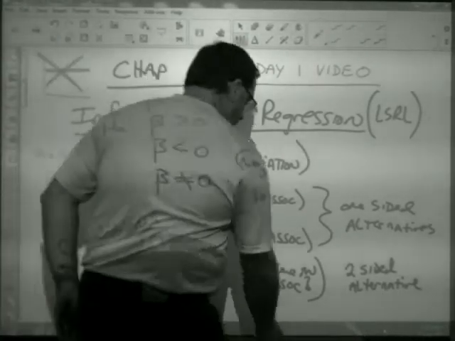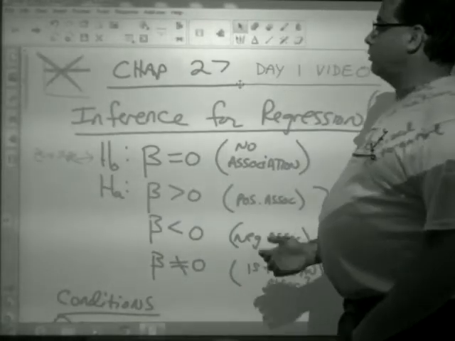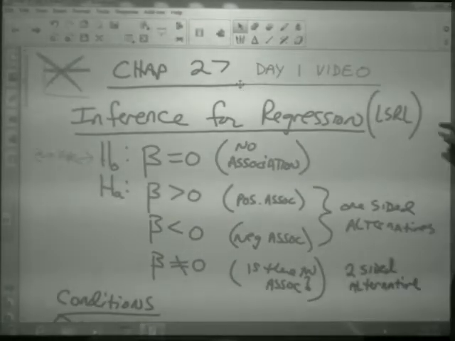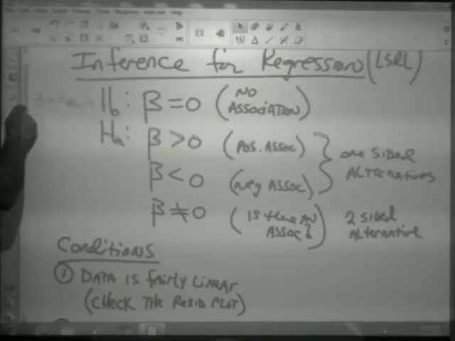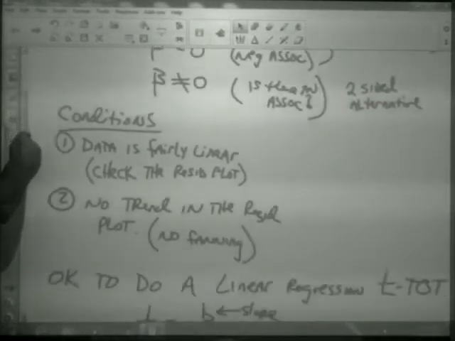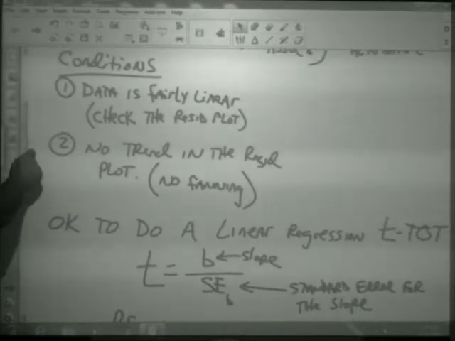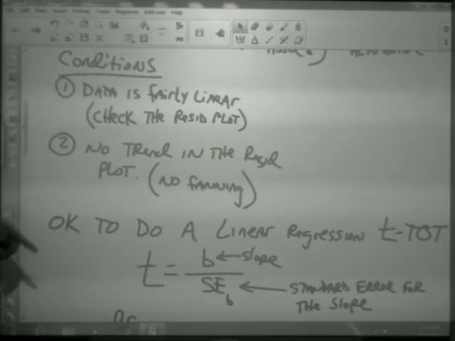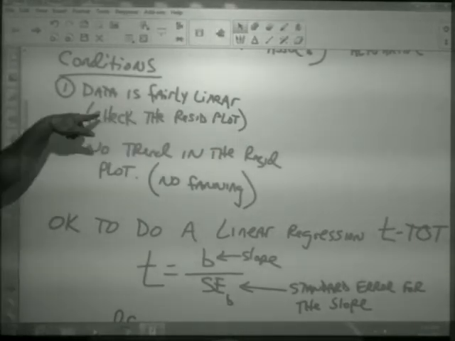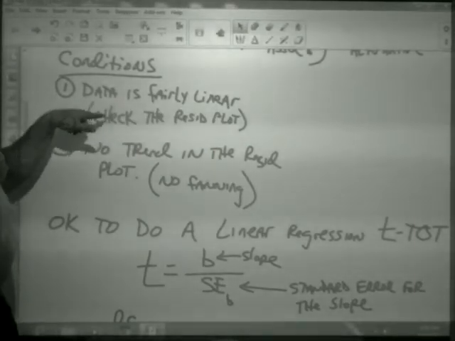Okay? So, since we're talking about linear regression, our conditions are around linear regression. The first condition is that the data is fairly linear. All right? You have to check your residual plot.